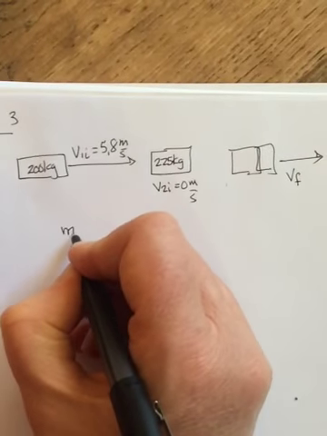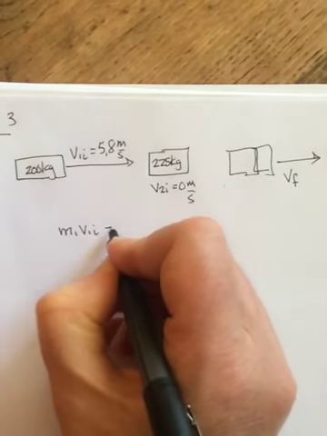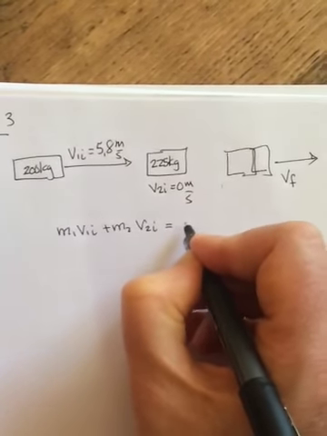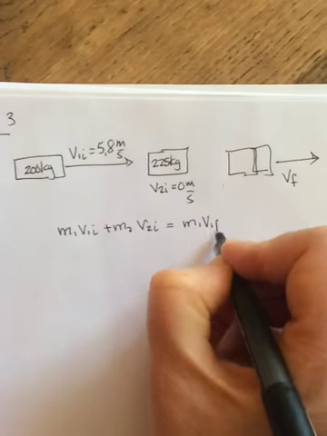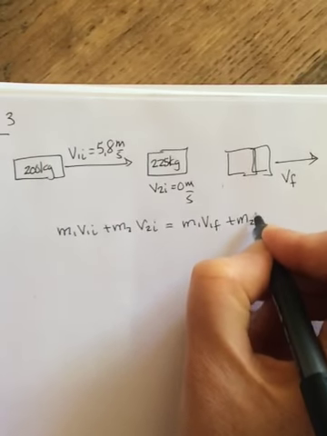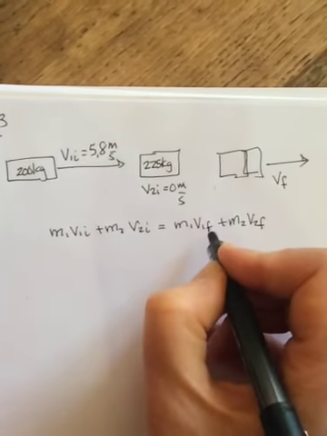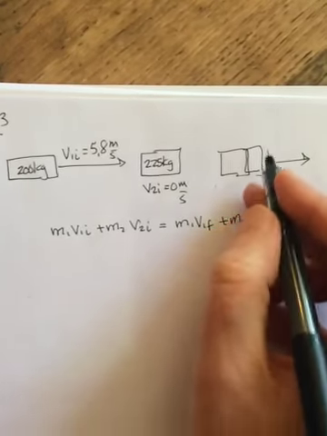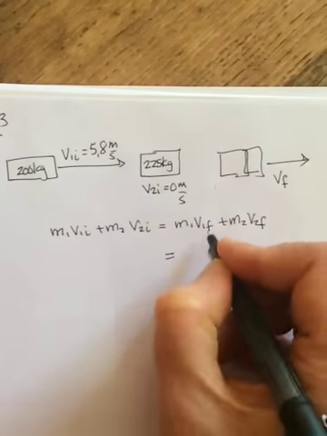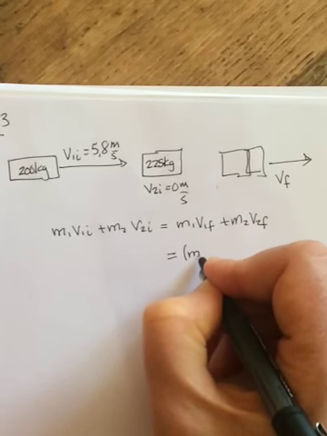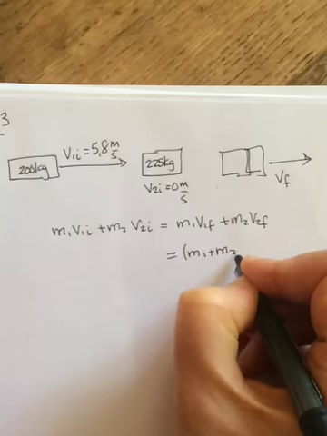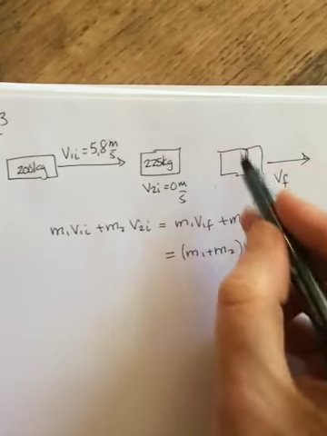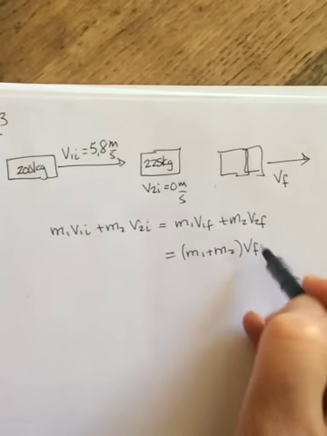So m1 v1 initial plus m2 v2 initial is equal to m1 v1 final plus m2 v2 final. But the m1 v1 final and the m2 v2 final are really the same thing because they're connected. So you could pull it out and write this side as m1 plus m2 times v final. Hopefully that makes sense because they're connected now and they have the same final velocity.